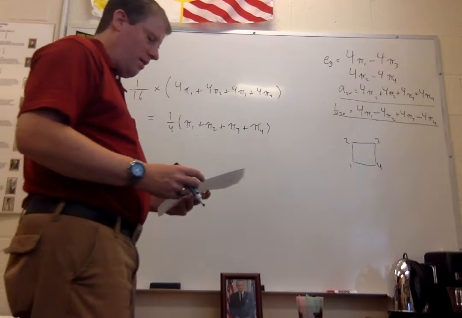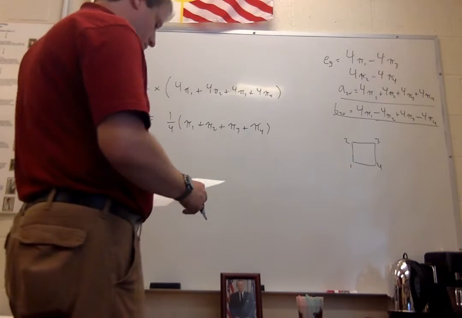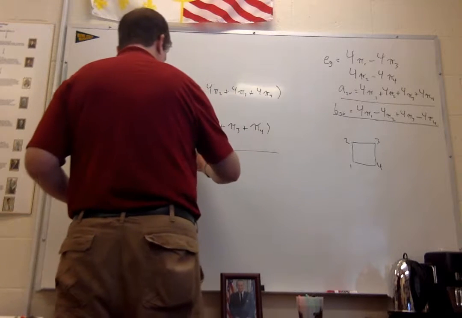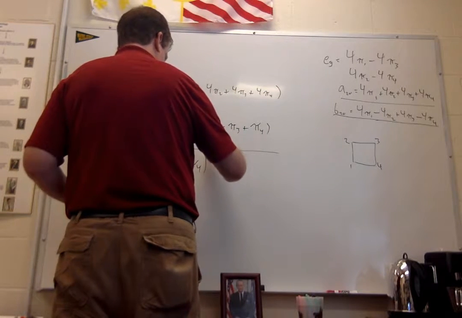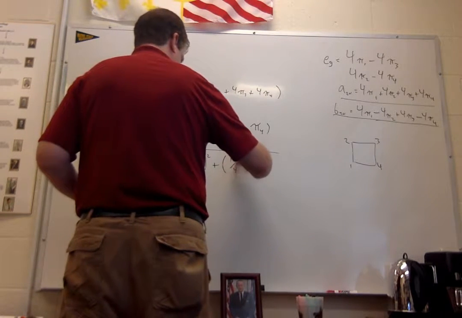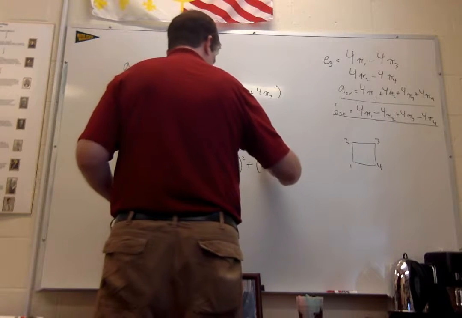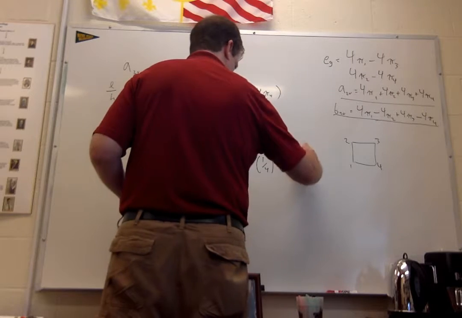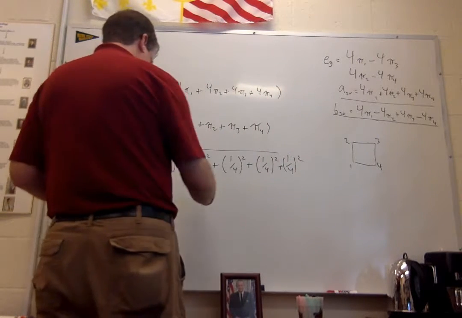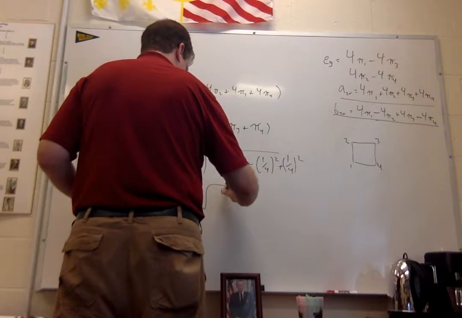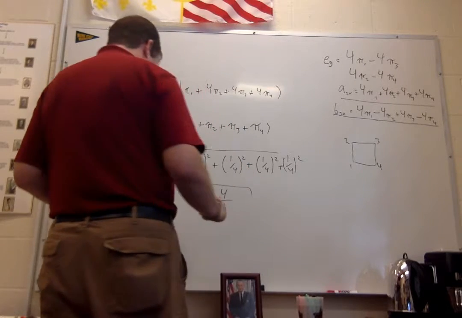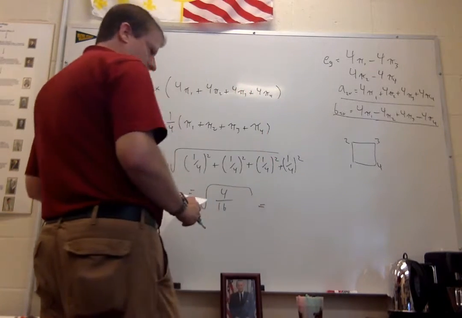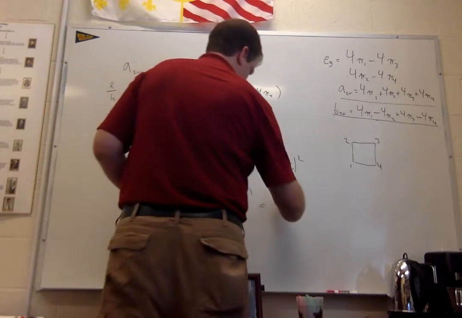Then we sum the squares of those and take the square root. And so we're going to take the square root of 1/4 squared plus 1/4 squared plus 1/4 squared plus 1/4 squared, which is the square root of 4/16, which is the square root of 1/4, which is 1/2.